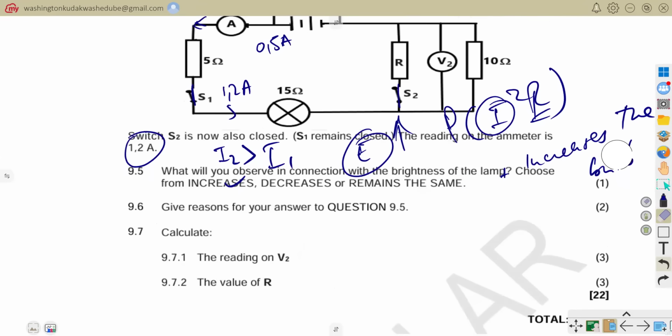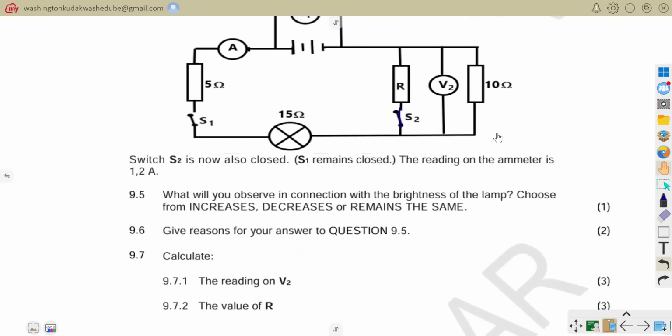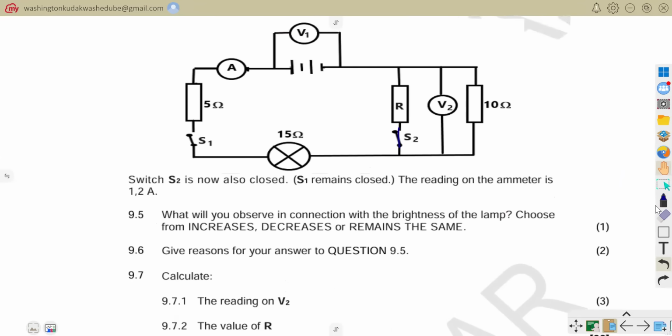Now they are saying, what would be the reading on voltmeter V2 if we are now having a current of 1.2 amps? So the total voltage there is 15.